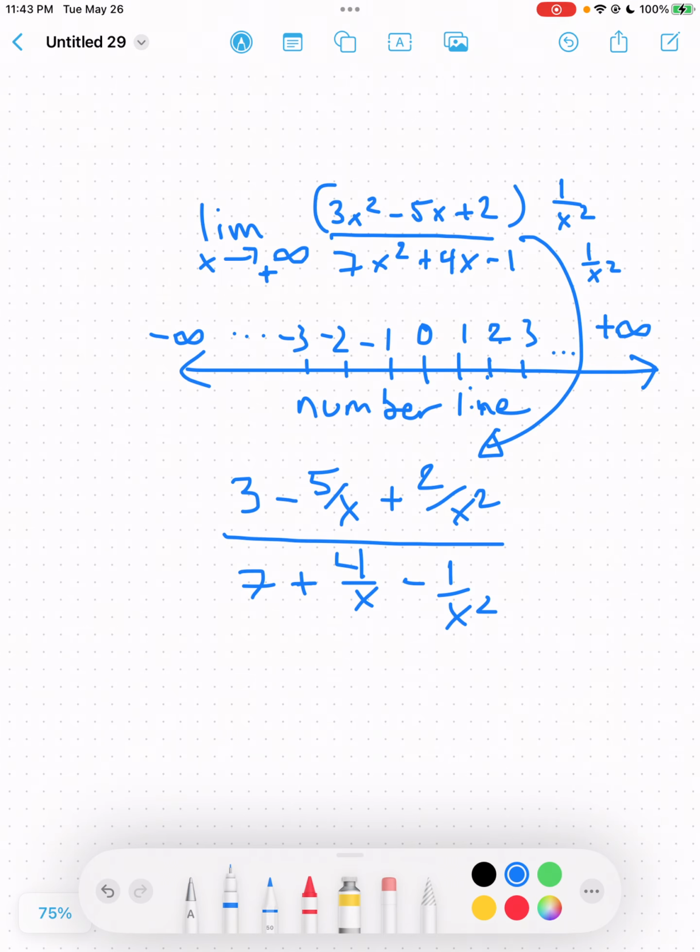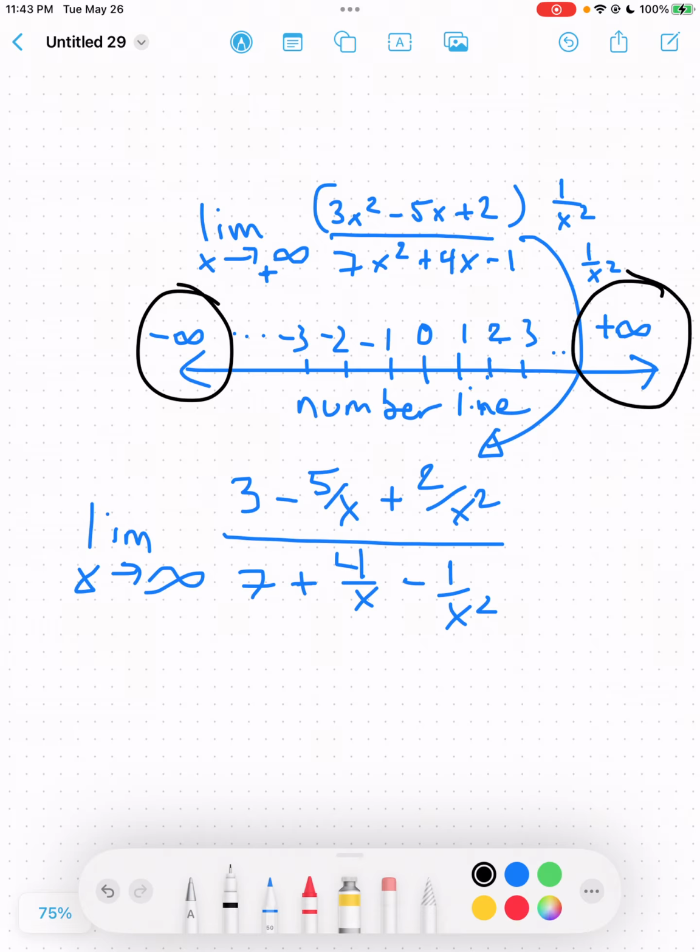So the next step would be to go ahead and evaluate the limit as x approaches infinity. Limit, excuse my handwriting, limit as x approaches infinity, right? Once again, infinity in the negative direction, infinity in the positive direction.